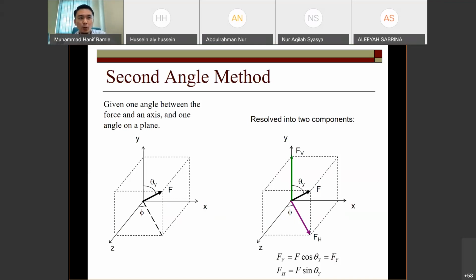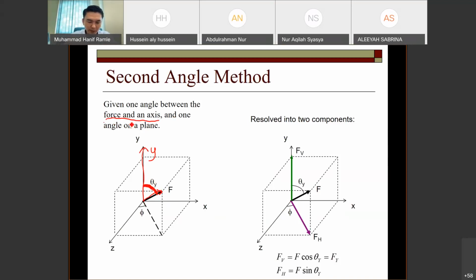The first angle is between the force and the axis. This is your force F and this is the y axis. This is the first angle, theta y.